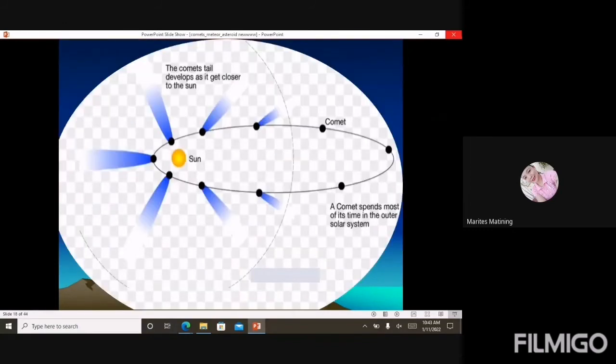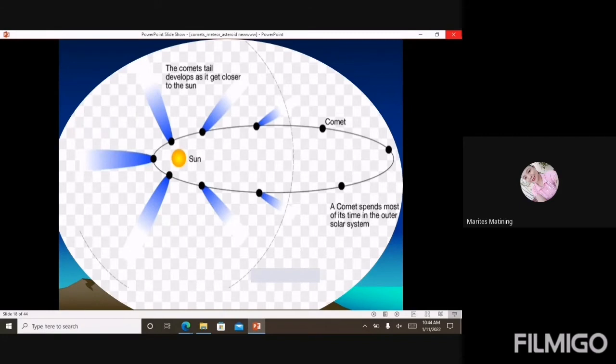So kung mapapansin natin, ang movement daw ni comet, pag umiikot siya kay sun, yung tail niya away from the sun. Okay. Kasi nga, habang nalulusaw siya, yung mga worn out parts niya, yun yung nagsisilbing tail niya. Ayan. So, the comet's tail develops as it gets closer to the sun. Kasi nga, nalulusaw siya.